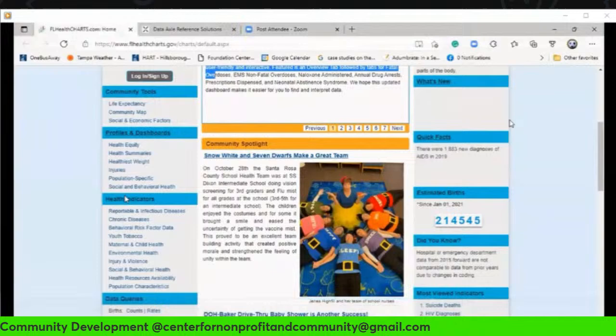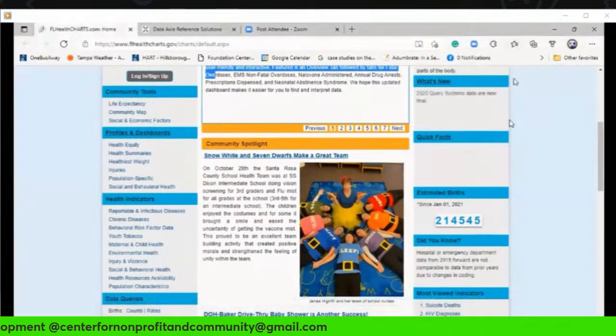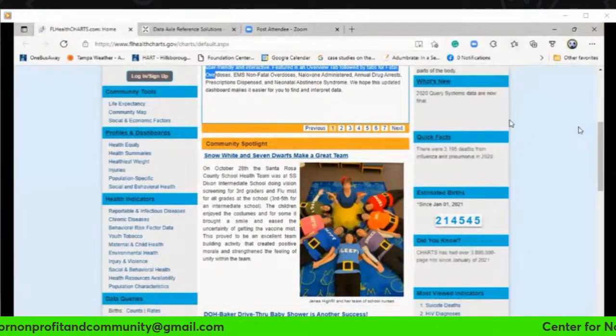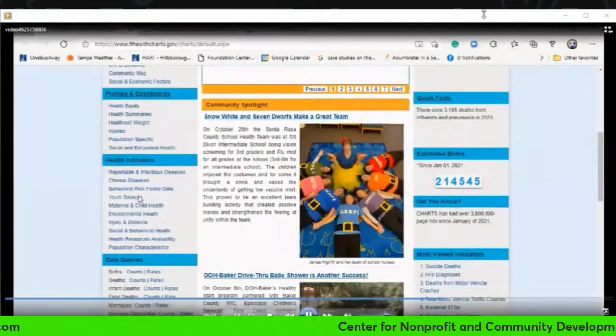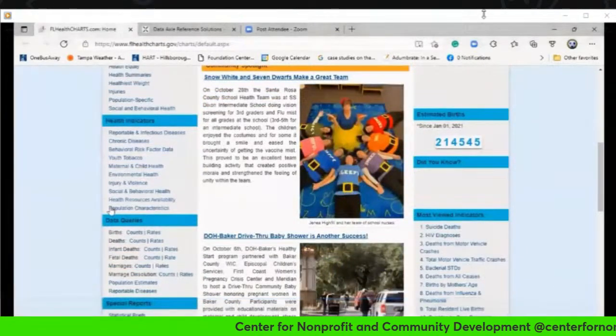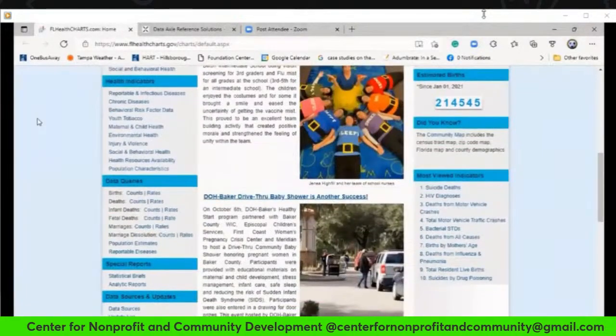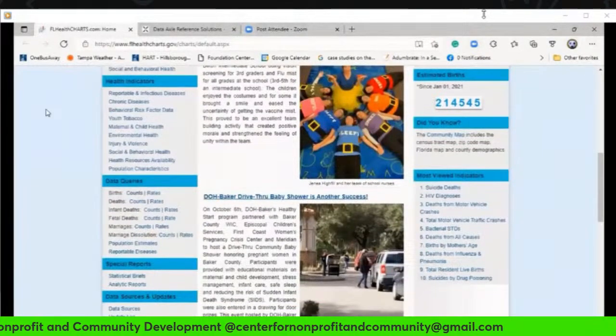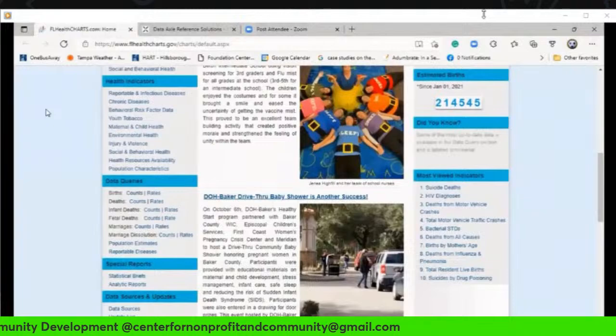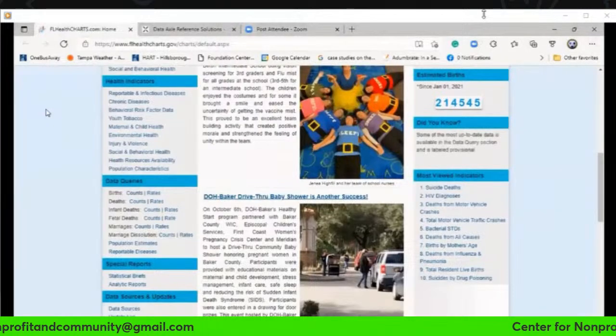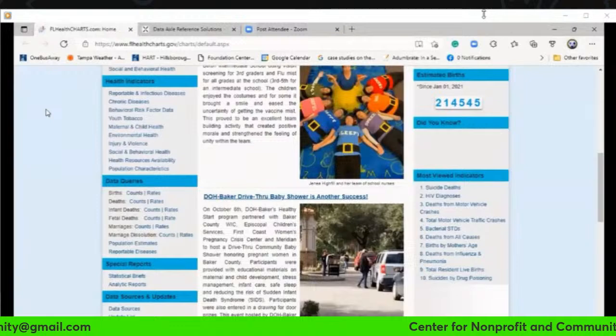So let's continue on related to this site right here. The other information you can get from this site includes chronic diseases, behavioral risk factors. That's going to be important. You can look at youth related to tobacco. You can get that information.